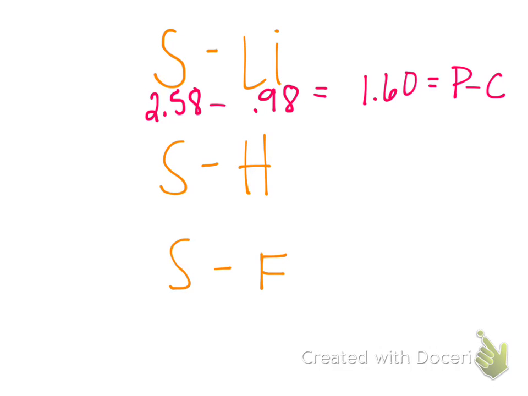Okay, let's look between sulfur and hydrogen now. Sulfur is 2.58. Hydrogen is 2.20.